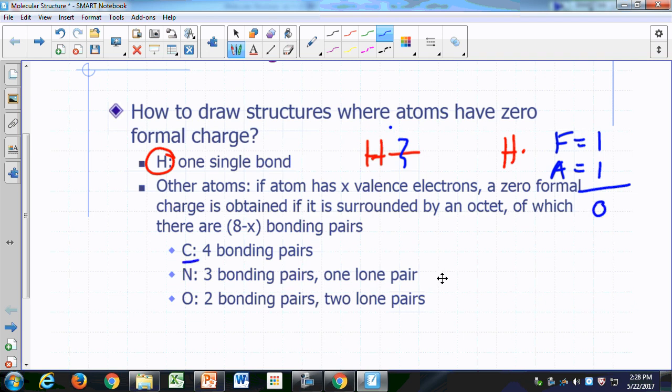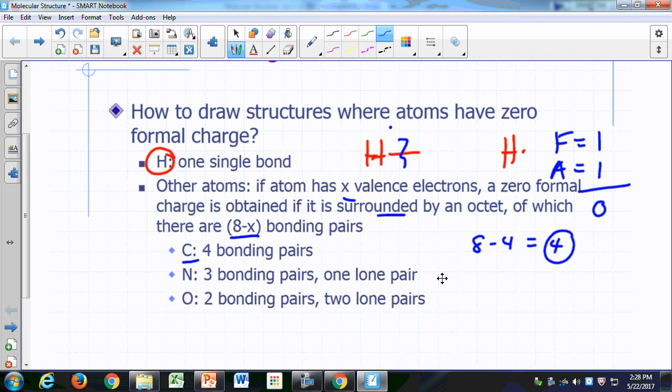What about carbon? In general, for other atoms, if you have x valence electrons, then you can get a zero formal charge if this atom is surrounded by an octet by having 8 minus x bonding pairs. So for example, carbon: 8 minus 4 is 4.